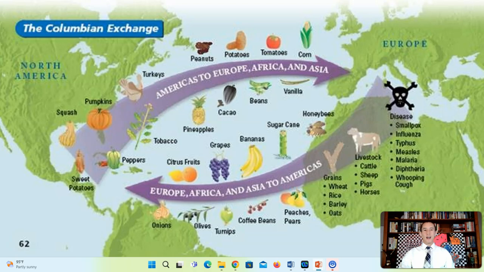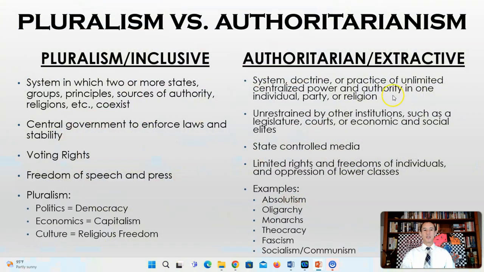Related to that, obviously, is the fact that the European nations will start moving away from what had been the norm throughout human history: the small group of people, or the lone individual, dominating the rest of society, because the European nations are able to develop what's called pluralism.